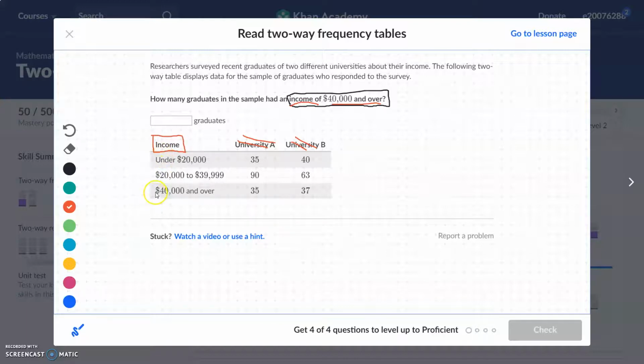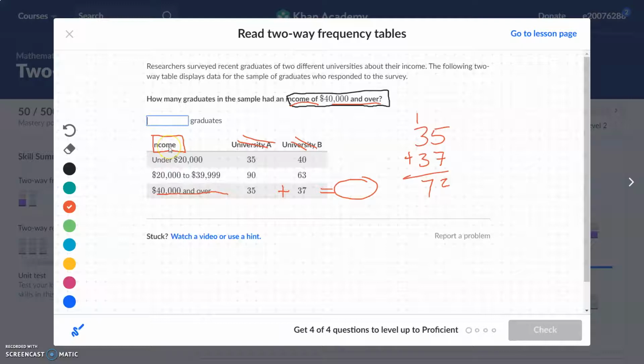It wants to know 40,000 and over, but it wants to know all of them. So that means that we have to add these two numbers together to get a total. And this is going to be our answer. So we have to add 35 and 37. 5 and 7 is 12, 3 and 3 is 6, and 1 more is 72. So up here in this box, we're going to type 72.